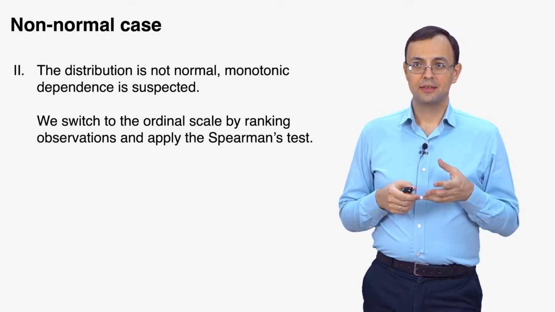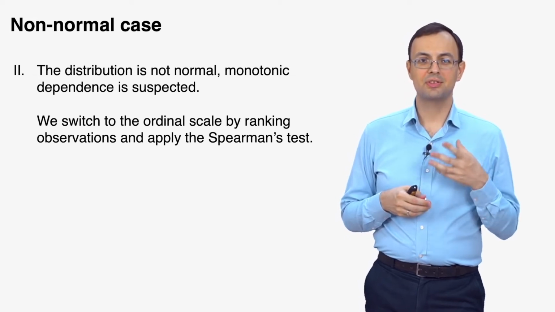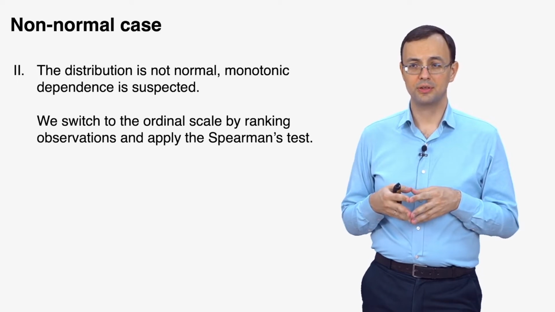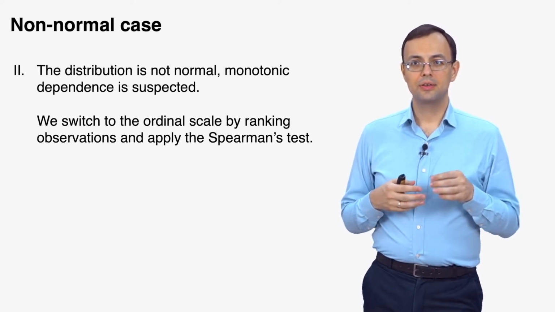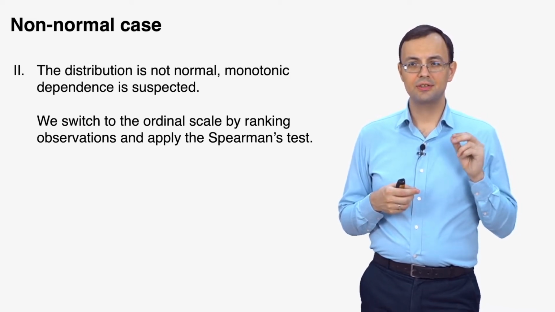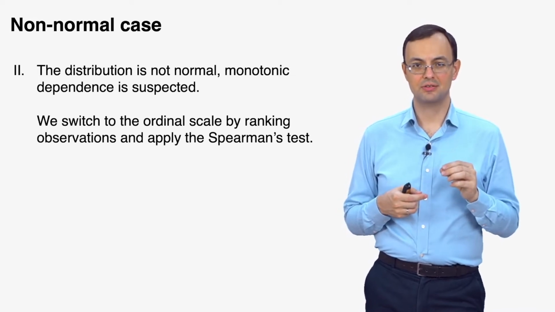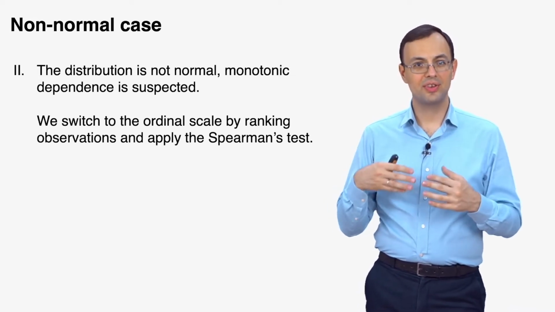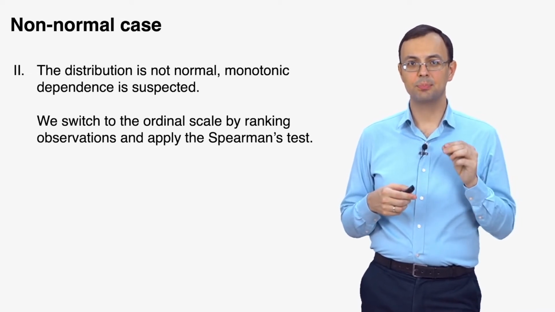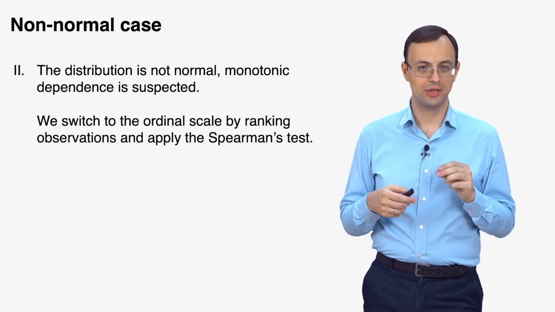Then, what can we do when our variables are not normally distributed, if we know that the distribution is not normal? The second subcase is when the distribution is not normal, but we suspect that there is a monotonic dependence. So we have some reasons to think that if there is a dependence between x and y, this dependence must be monotonic.